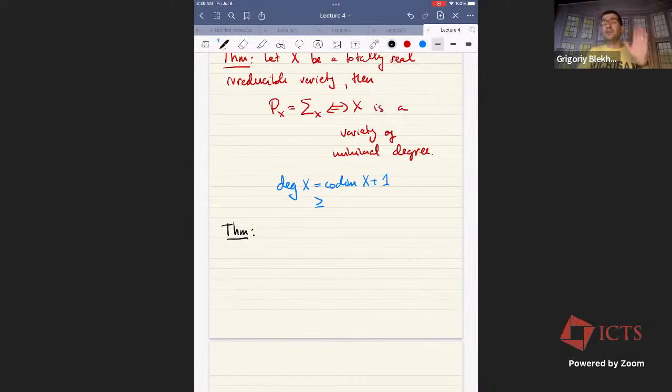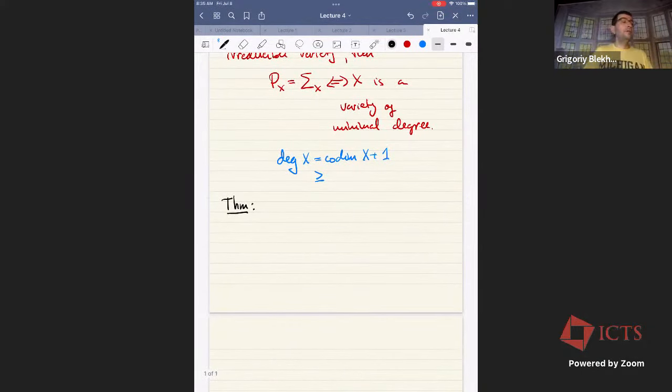Some people, when they say variety, really mean irreducible, while others mean that it may or may not be reducible. But here, when we say variety of minimal degree, this only corresponds to irreducible ones, because there is no good notion of minimal degree for reducible varieties. We will talk about this a little bit later.